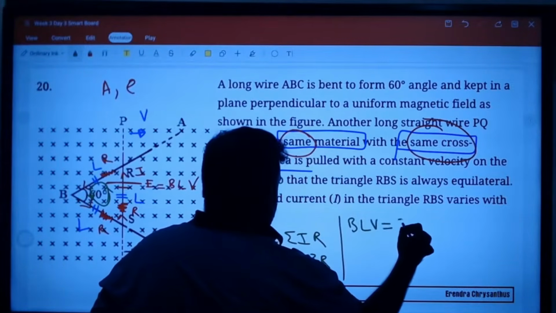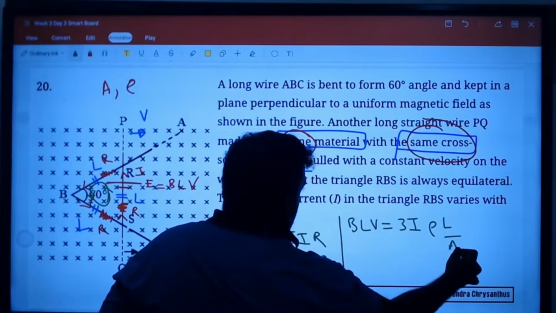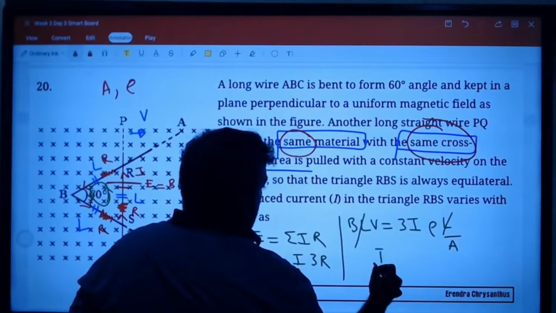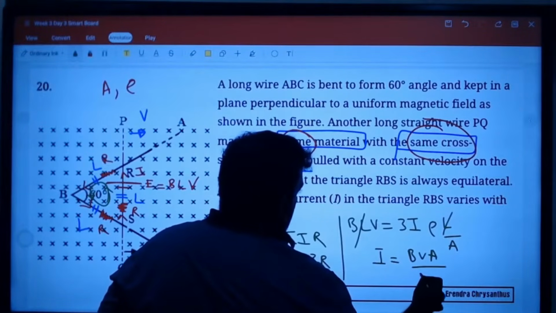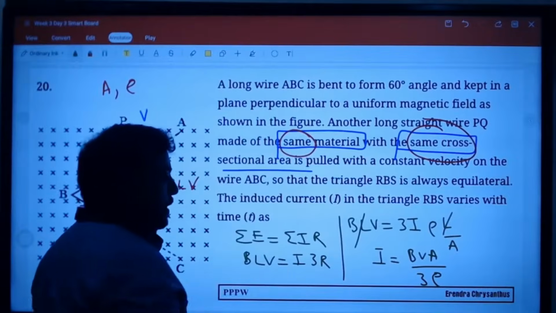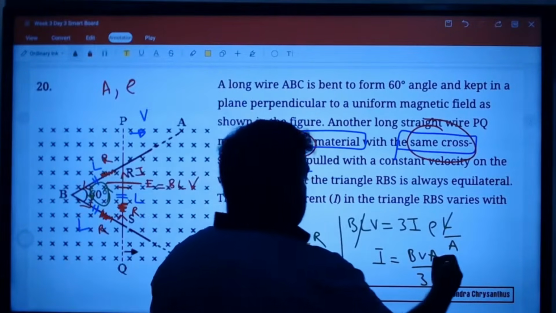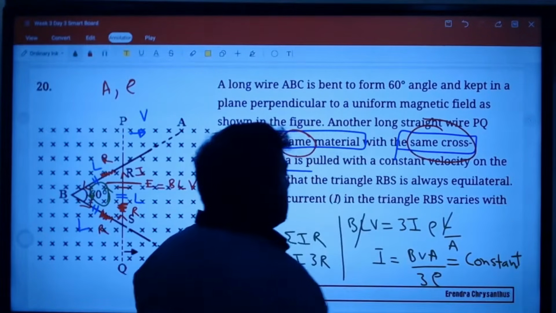BLV is equal to I times 3 rho L over A. Every resistor is rho L over A. L will cancel out. I is equal to BV A divided by 3 rho. B is constant, V is constant, A is constant, 3 is constant, rho is constant. There you go, constant. So current will always be constant.